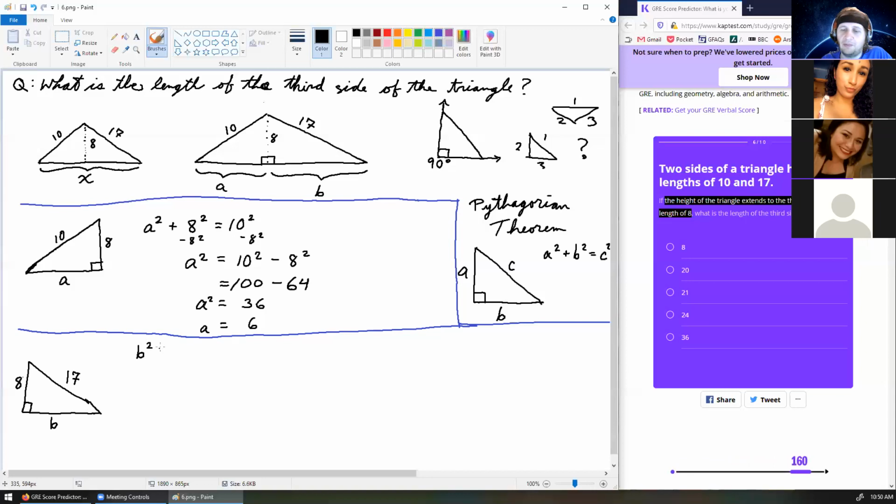B squared plus 8 squared equals 17 squared, right? We're going to do the exact same thing. We're going to subtract 8 squared from both sides. And we want to find out what 17 squared is?